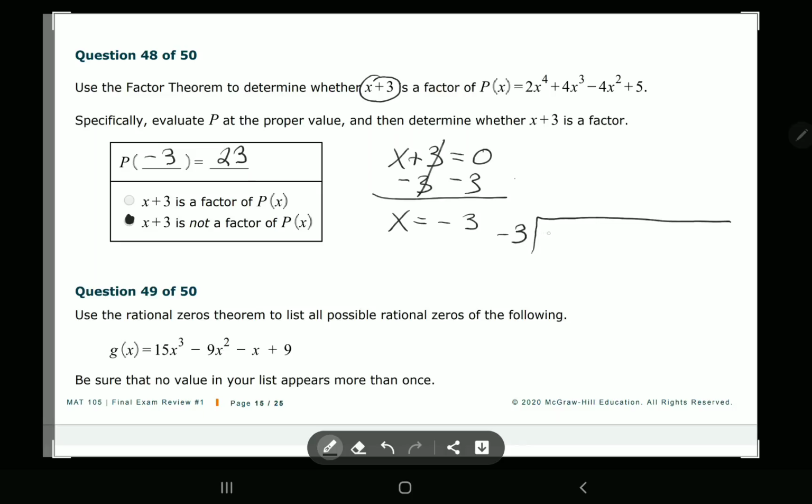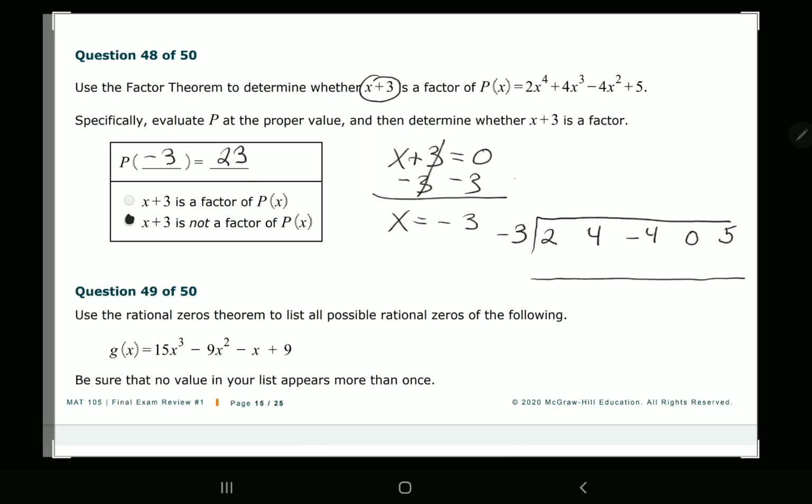So 2x to the 4th, 4x to the 3rd, negative 4x squared. There are 0x to the 1st, and then my constant is 5. Do not forget to place that 0 if you skip a power or multiple powers. x to the 4th, x to the 3rd, x squared, 0x to the 1st, and the constant.